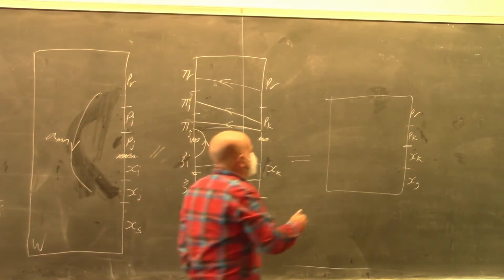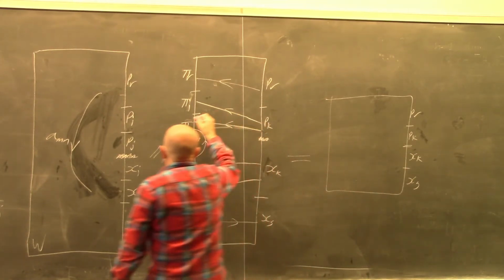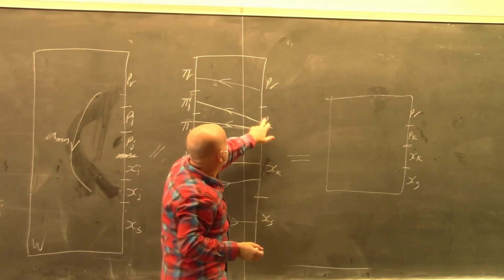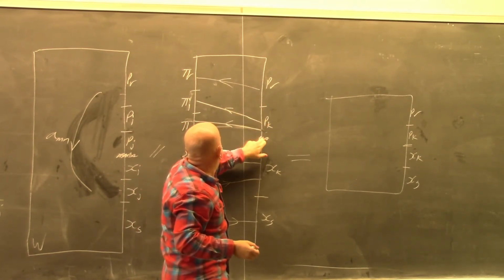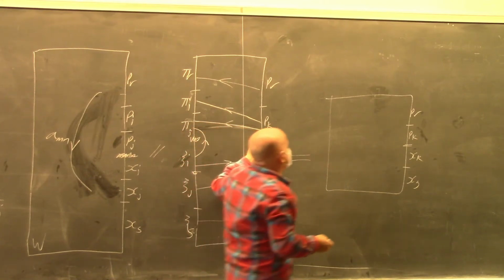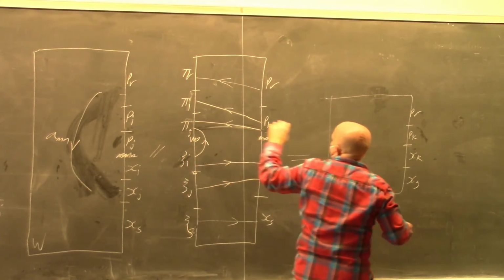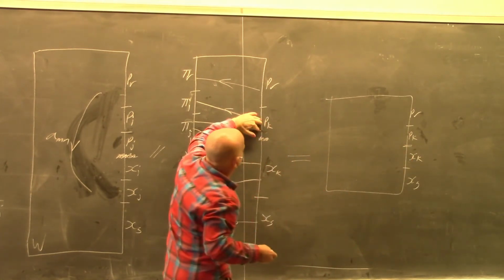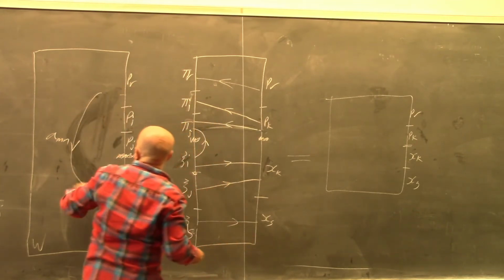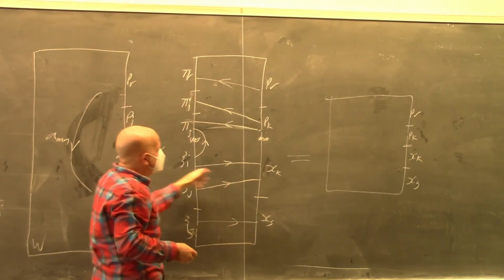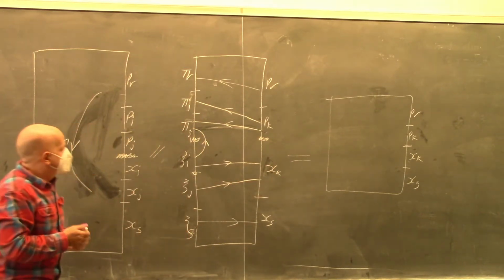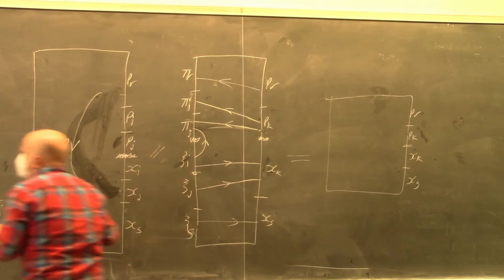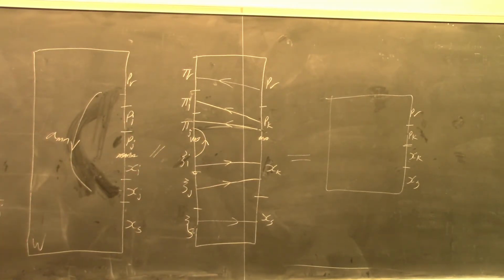So basically, what I need is to count paths. If I want to know what is in the output, what is the coefficient of pk xk? I should be counting all the paths that start from pk, go through here, come back, go through here, come back, and end up with xk. Oh, and I made a mistake. I forgot to say, this thing here comes with coefficient -1.